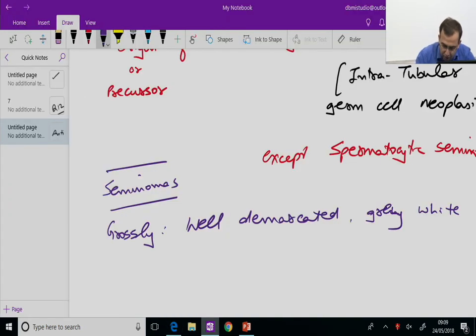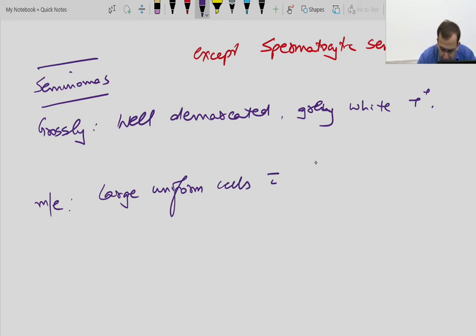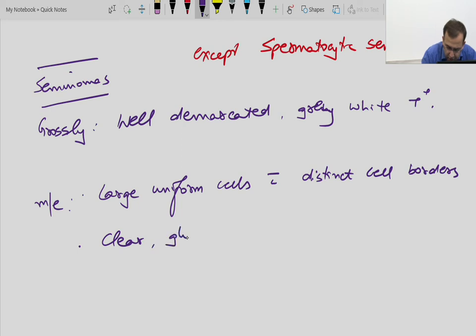Next point, microscopically, seminomas have large uniform cells with distinct cell borders, with a clear glycogen rich cytoplasm and a central round nucleus.